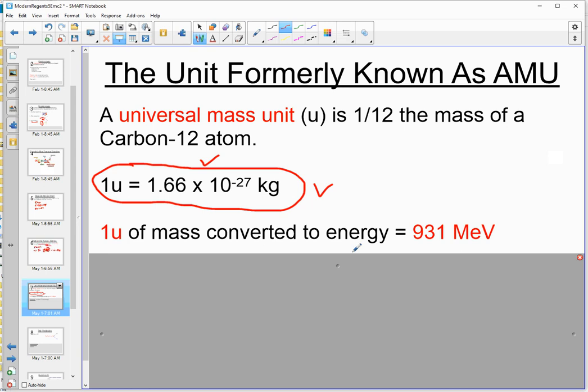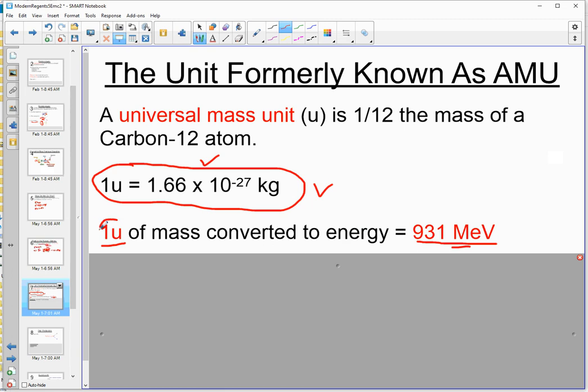So it turns out that one universal mass unit, 1 U, 1.66 times 10 to the negative 27 kilograms, whenever you destroy one universal mass unit, you get 931 mega electron volts, where the mega is the 10 to the 6, if you're looking at your prefixes of the powers of 10 on the front page of your reference table.